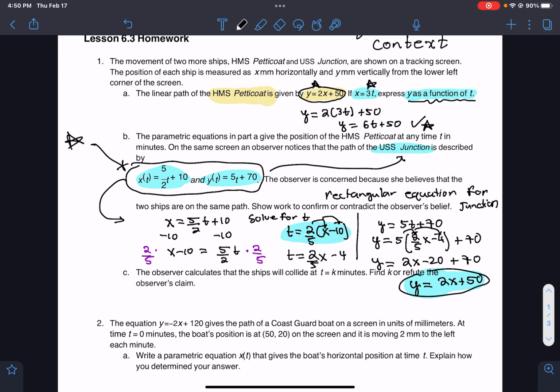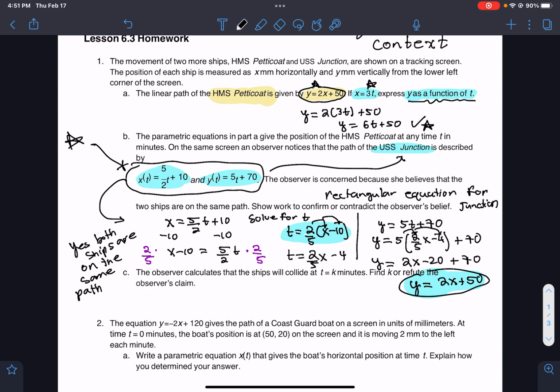So the answer to this question is yes, both ships are on the same path. So both ships are following the line y equals 2x plus 50, but where the ships are actually positioned are in different places. And we know that they're positioned differently because the two equations given in terms of t tell us where we are on our path.